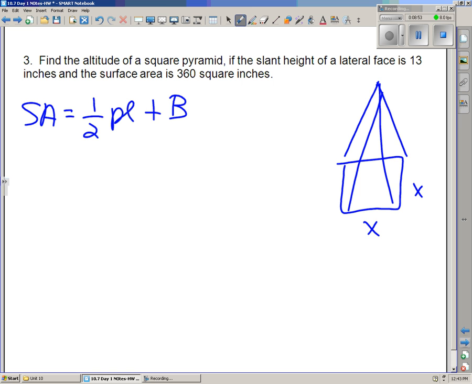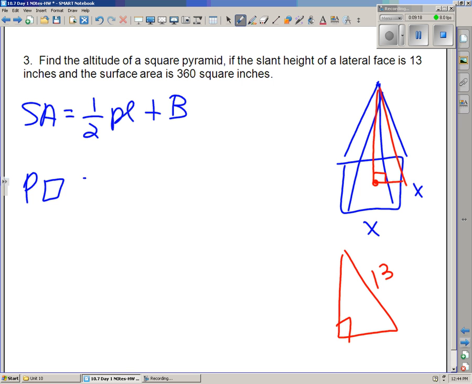If I think about dropping down the altitude into the center and then a slant height, I've got this altitude in here being unknown, but we've got this side over here being 13. The perimeter of the square when the sides are x is going to be 4x.